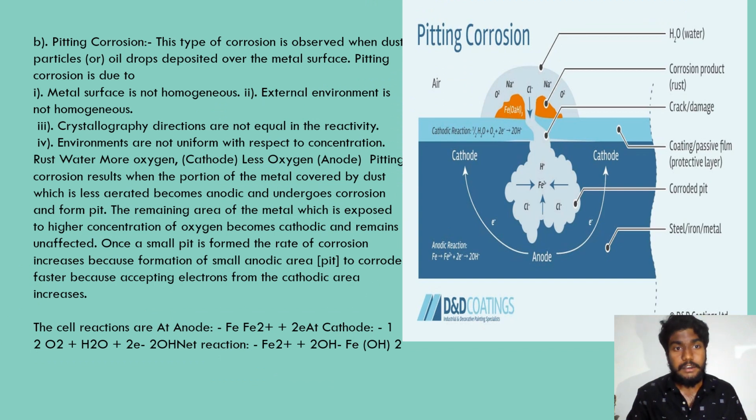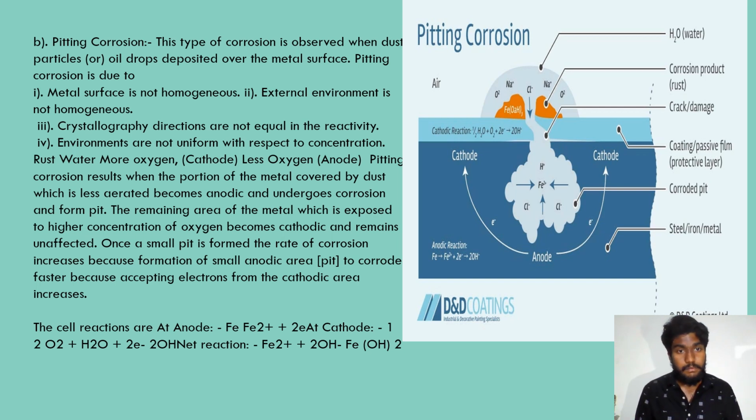Next, pitting corrosion. This type of corrosion is observed when dust particles or oil drops are deposited over metal surfaces. Pitting corrosion occurs because the metal surface is not homogeneous, the external environment is not homogeneous, crystallographic directions are not equal in reactivity, and the environment is not uniform with respect to concentration.